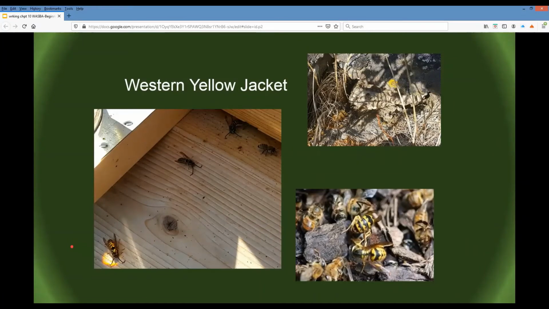So the photo on the left here is showing one honeybee at the entrance and a dead yellow jacket at the hive entrance. And then this one on the right is showing how the wasps or the yellow jackets are feeding on dead bees. So the yellow jackets can actually be a natural recycling agent for dead bees that are hauled out of the hive.